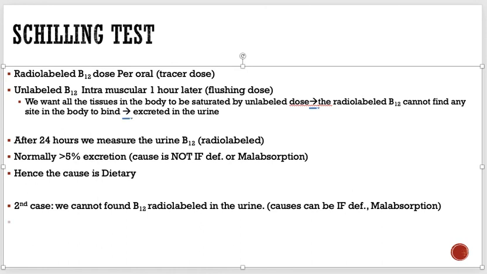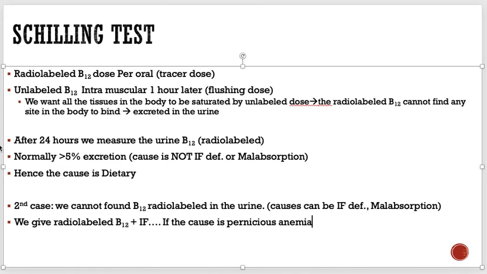So what we do, when the cause is not dietary and we cannot find radio-labeled B12 in the urine, is we give radio-labeled B12 plus intrinsic factor. If the cause is pernicious anemia and we are giving B12 with intrinsic factor, what will happen?